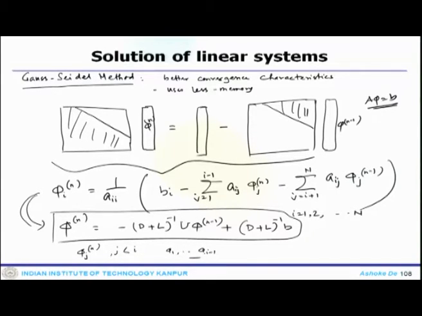So, this approach also saves a lot of memory, that is why it can be less computationally expensive, but other criteria like the spectral radius of this iterative matrix must be satisfied, that it is less than 1.